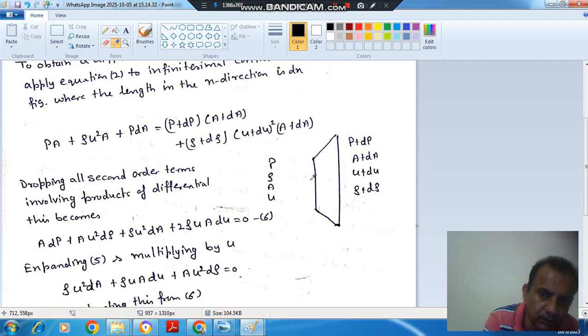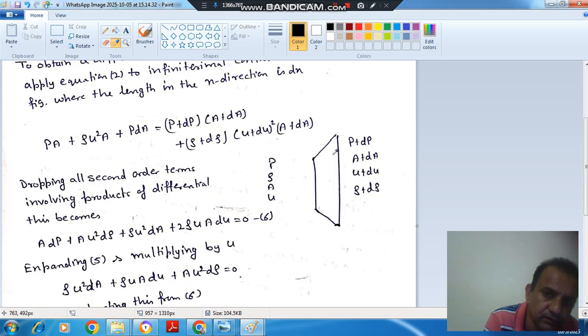Or we can see like this. This is your strip within the flow, and here the pressure is P, and here the pressure is P plus dP. So the increased part is this much, that is your dA. On dA the pressure P is acting, so P into dA.